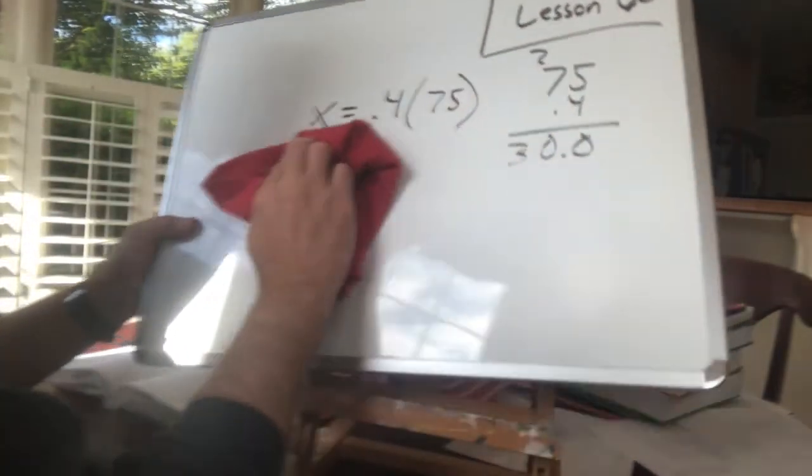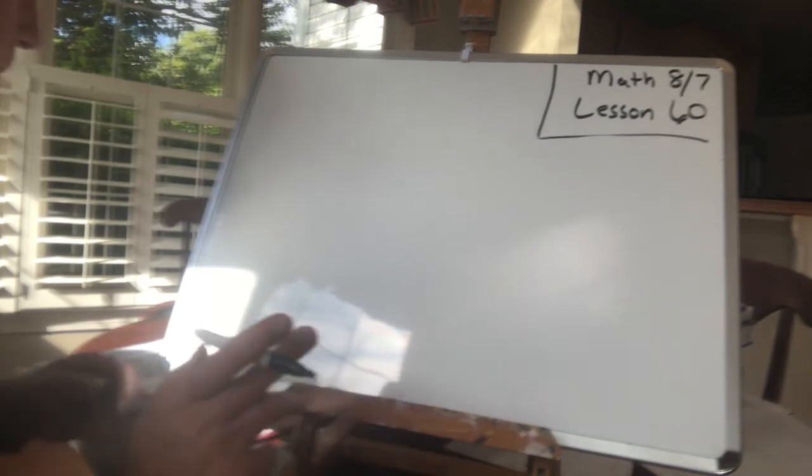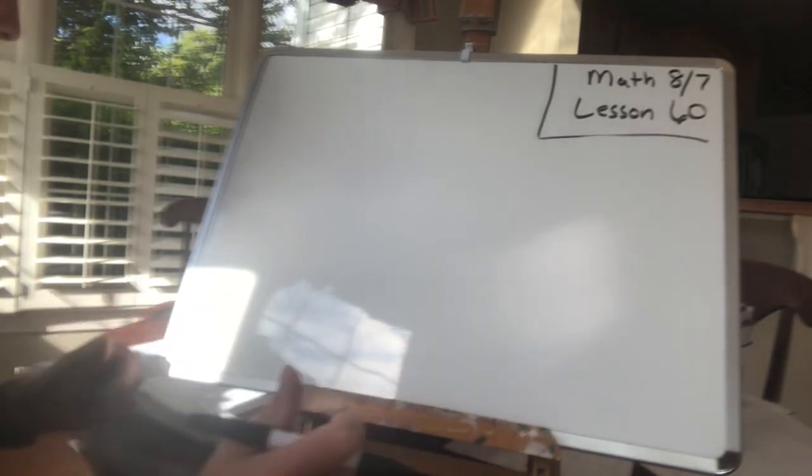I can do one more, which is another example, all right? A certain used car salesman receives a commission of 8% of the selling price of the car. If the salesperson sells a car for $3,600, how much is the salesperson's commission? Well, he gets 8%.